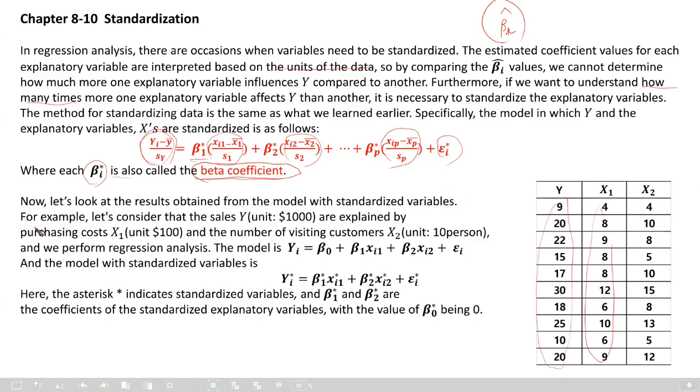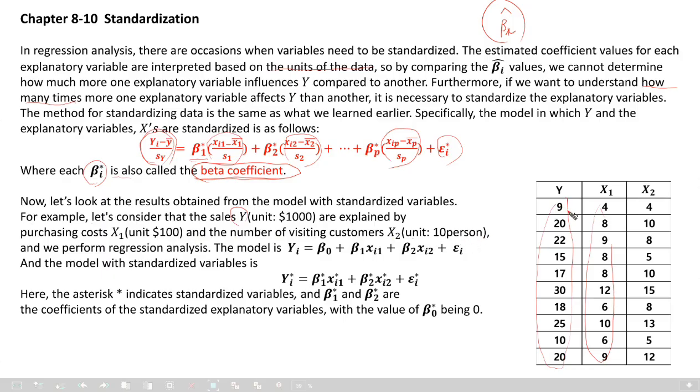It's a simple example. For example, let's consider sales y, in units of 1,000, explained by purchasing cost x1, in units of 100, and the number of visiting customers x2, in units of 10 persons.